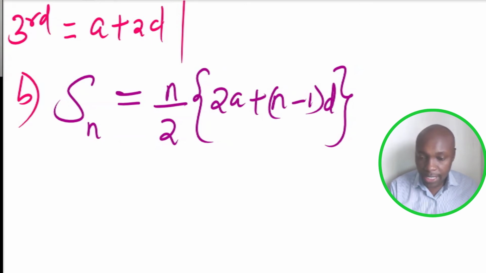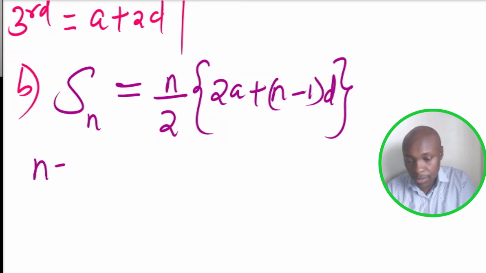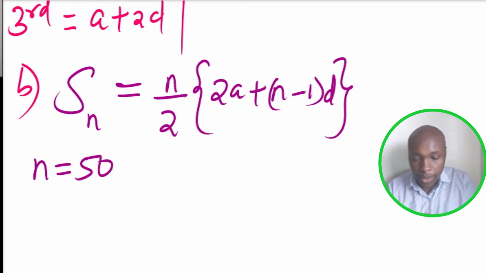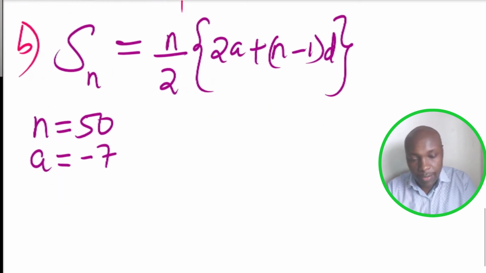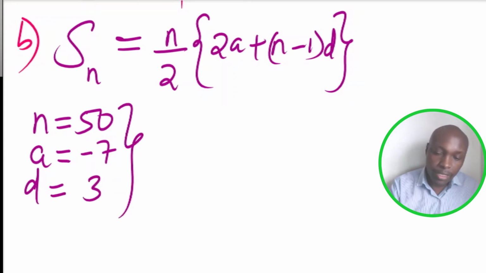Now we are required to get the sum of the first 50 terms. So if this is the first 50 terms, n will be 50. Then we have a is -7. Then we have d is 3. So we need to simply substitute these in the formula.